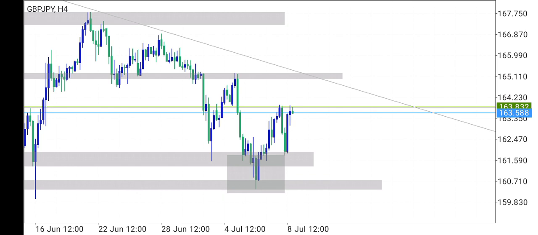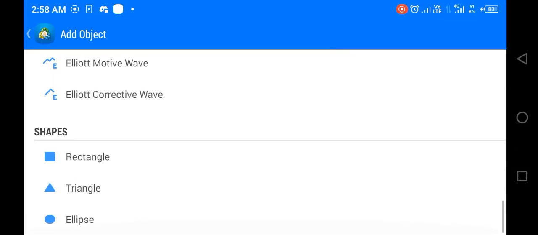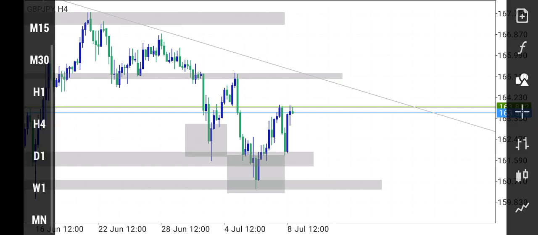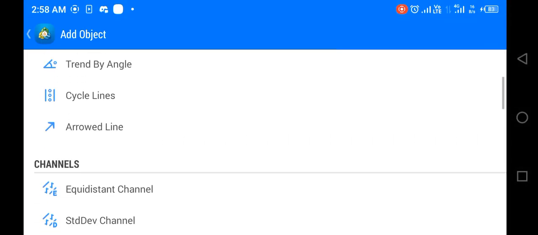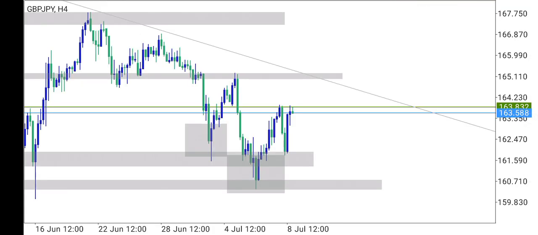This is the head, this is the left shoulder, and this is the right shoulder. As you can see, it's an inverted head and shoulder pattern. We have seen head and shoulder, inverted head and shoulder.